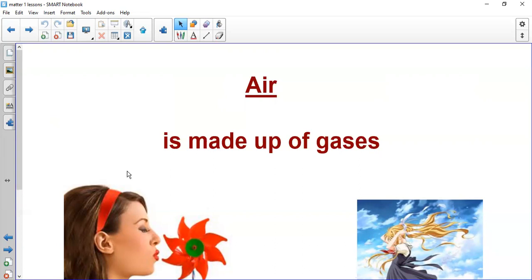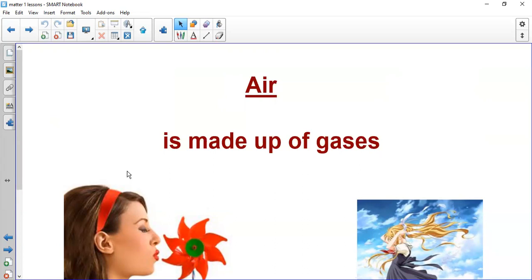What's inside the hot air balloon is gas. When you are blowing bubbles, we have gas. I want you to search and look for more examples of gas. Smoke coming out of factories or cars is gas. Fire is gas.